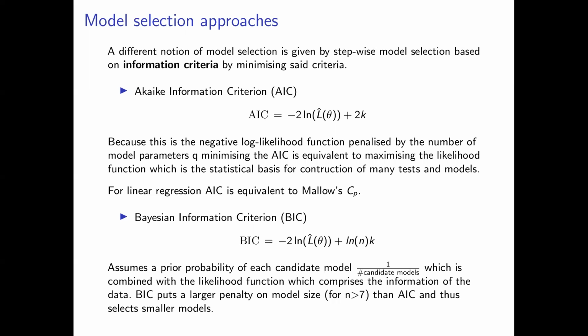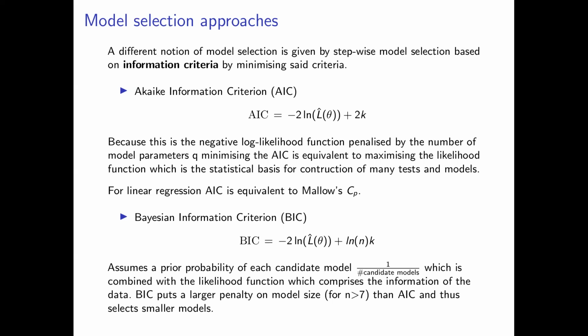So we penalize the log likelihood function, which is basically the integration of the data into the model and evaluation how well the data fits this model. And we penalize it by the number of model parameters. So we had Q model parameters before, and this K typically is the number of parameters considered in the model.